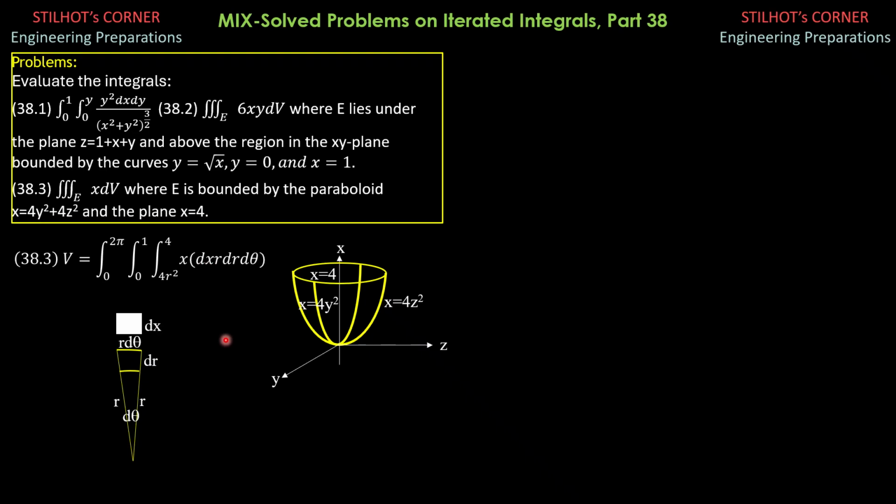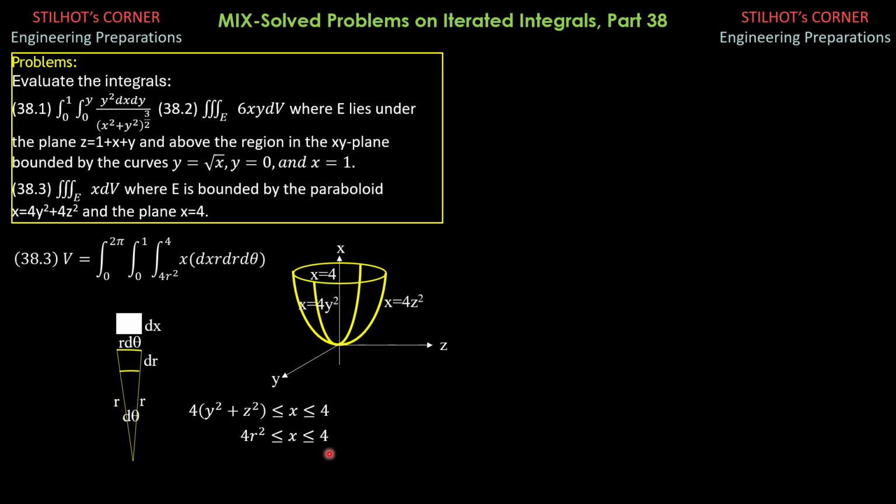That's it. Then because 4 times y squared plus z squared should be less than or equal to x from this equation, then x should be less than or equal to 4 per the limit. So this is r squared, so 4r squared is less than or equal to x, which is less than or equal to 4.